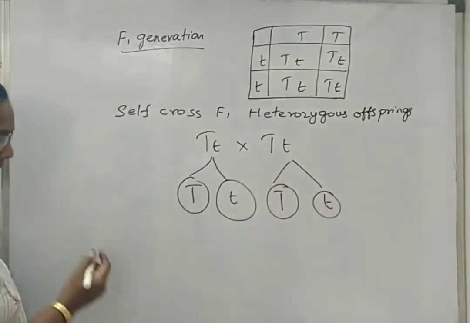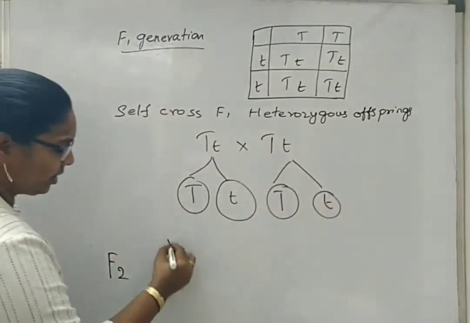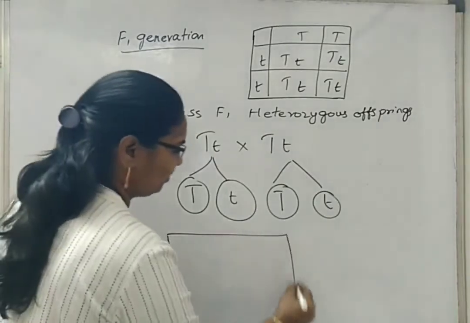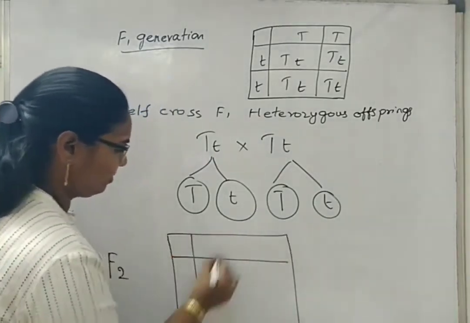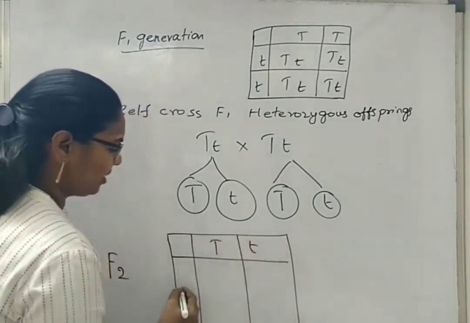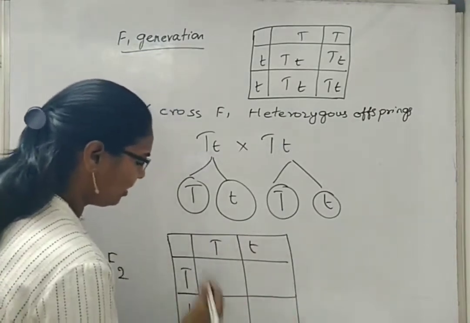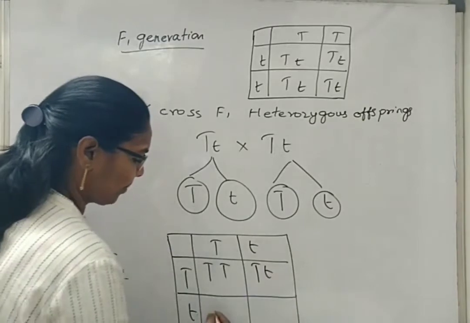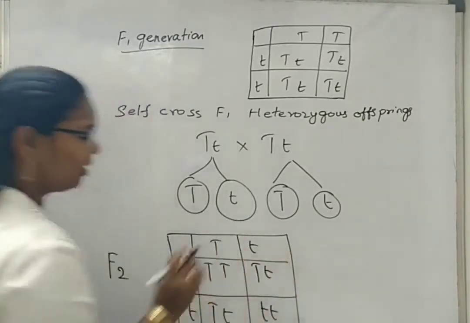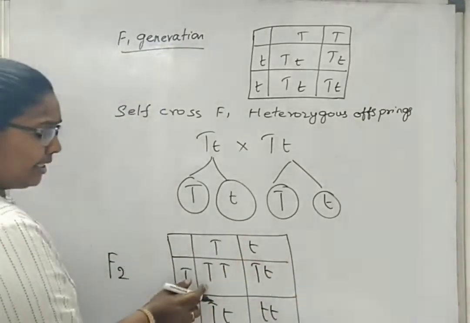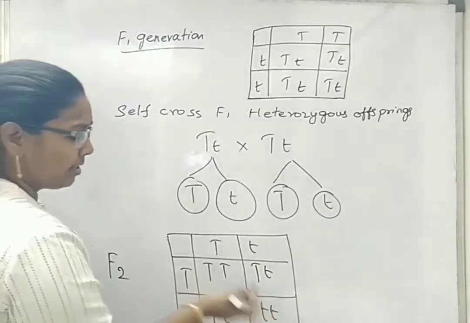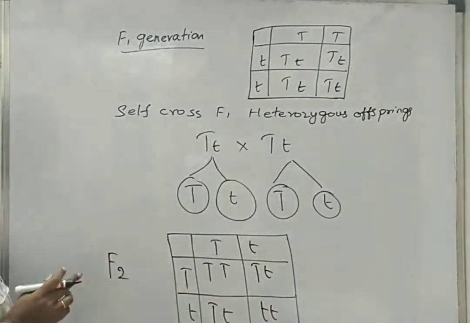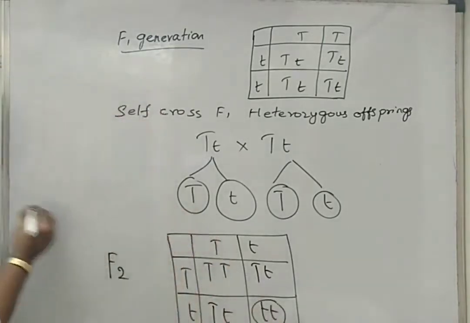Let's draw the F2 generation Punnett square and represent the dominant and recessive alleles in the Punnett square or checkerboard. So here, instead of getting all tall plants, in F2 generation Mendel has observed the recessive one also.